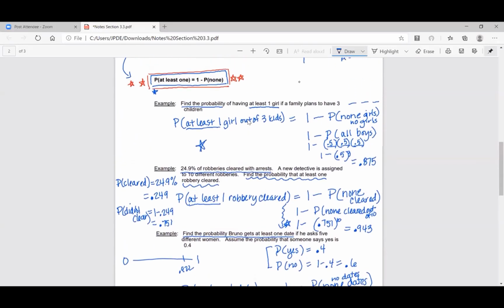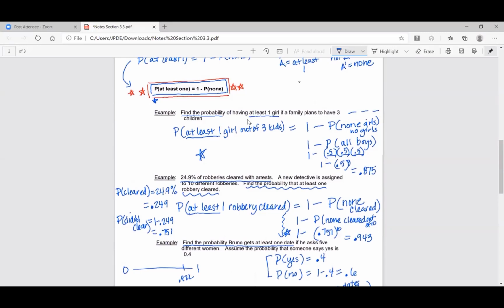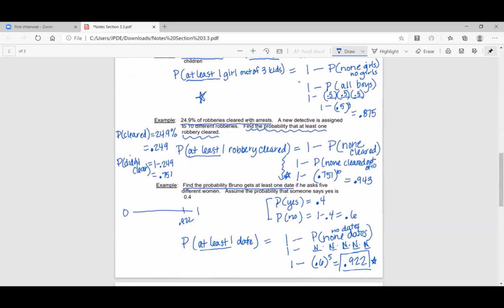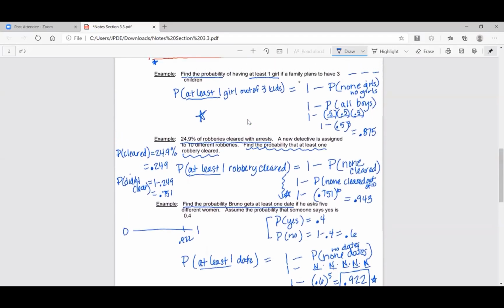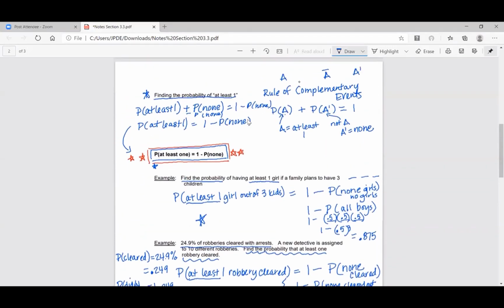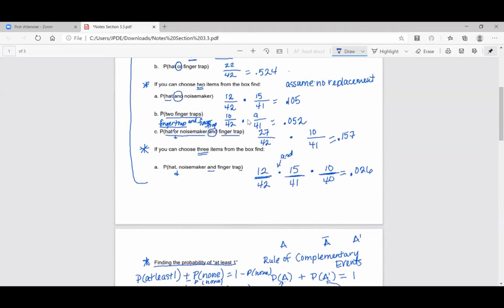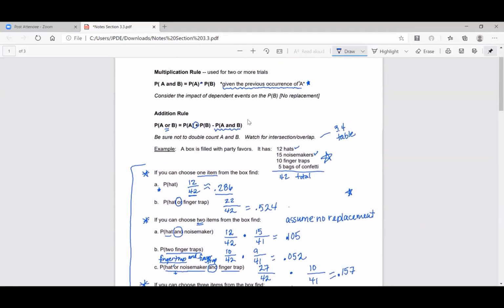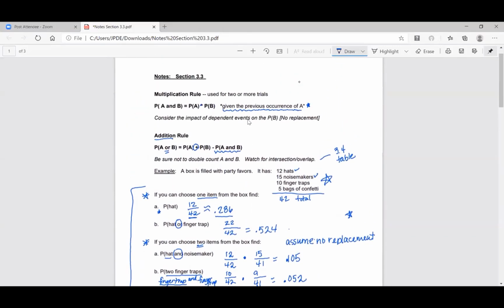If you look for support in the book, it's not in this section, but there are some on My Open Math. And I felt like it was important for you to see that. The other thing, you're going to get more practice with these as far as the no replacement. And then remember, addition rule or means add.